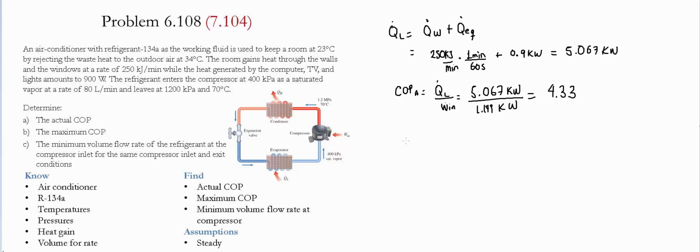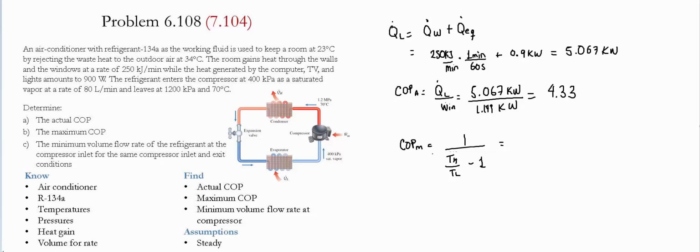Now, in order to calculate the maximum coefficient of performance, we're going to do it based on the values of the temperature. The coefficient of performance maximum for an air conditioner is 1 divided by T high over T low minus 1. Notice that T high is rejected at 34 Celsius, and T low is the temperature of the room, which is 23 Celsius.